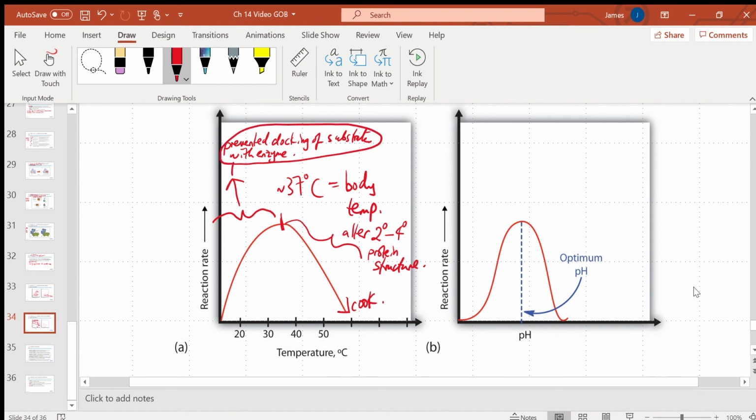So this is what you've done down here, and altering the protein structure is what you've done at the higher temperatures.